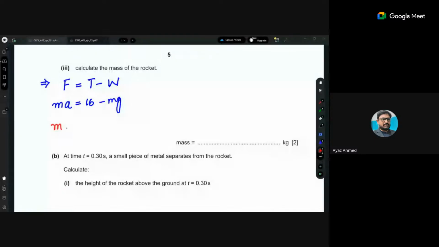MA plus mg, that would be equal to 16 न्यूटन. यहाँ से इसको, A plus B that is equal to 16.5 मीटर पर सेकंड स्क्वेयर. अभी अभी हम लोगों ने calculate किया.